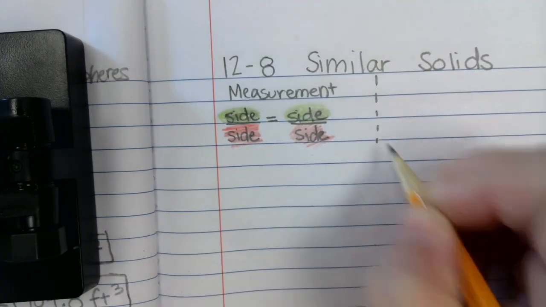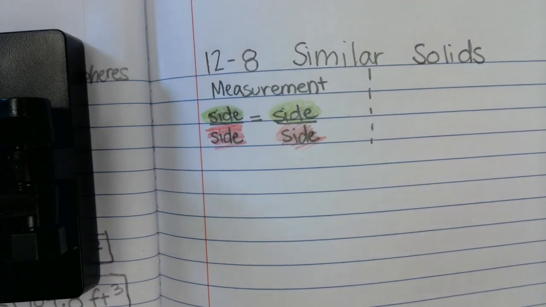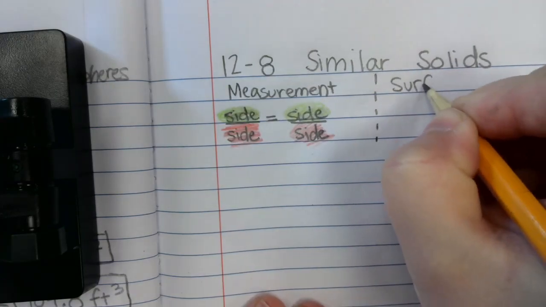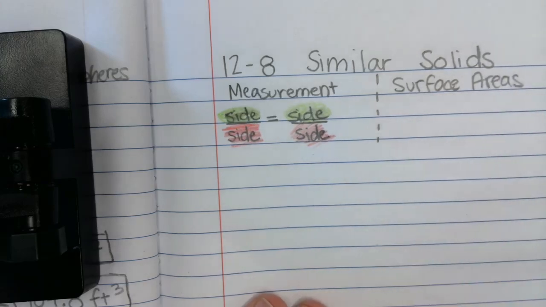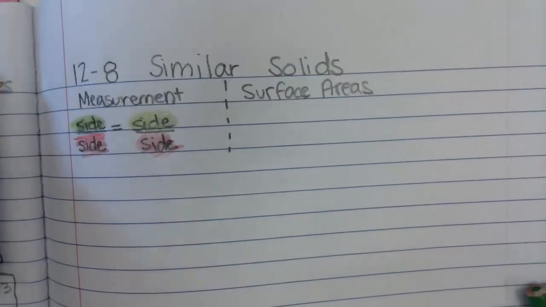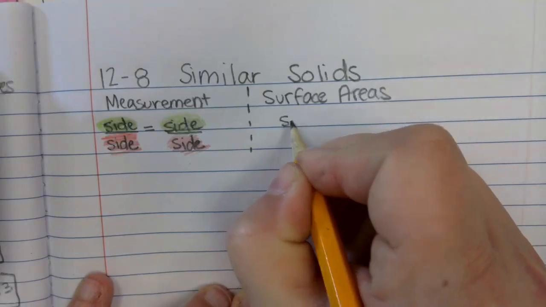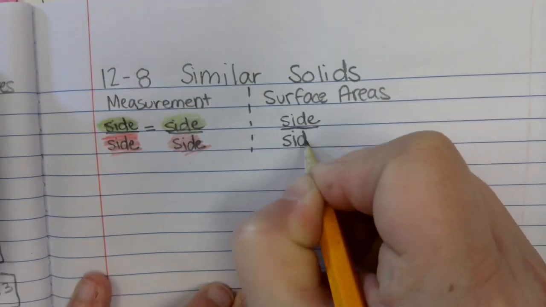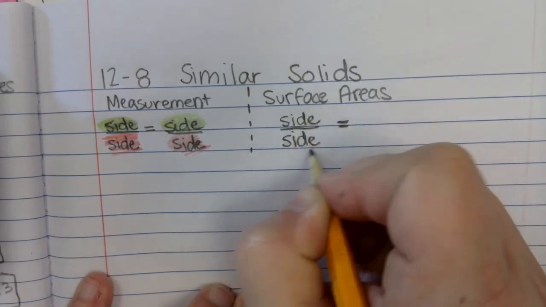Last chapter, we talked about how to do that with similar polygons with areas. So I could do surface areas now. With surface areas, does anyone remember when we did area, we did side over side? But we couldn't just say that that proportion was the same as the surface areas. What did we have to do with those sides?